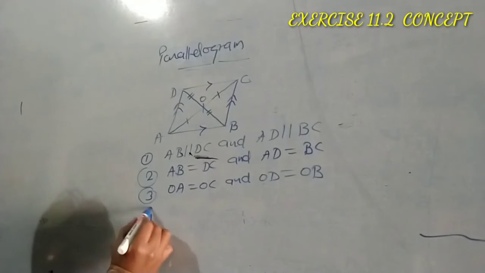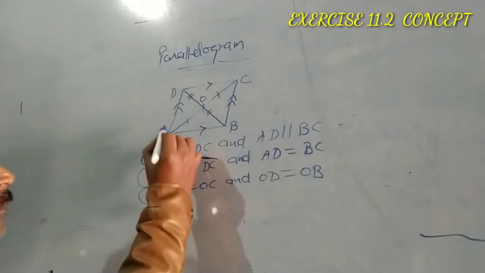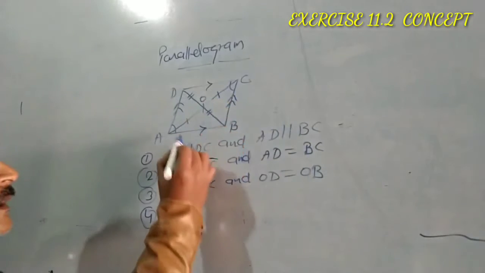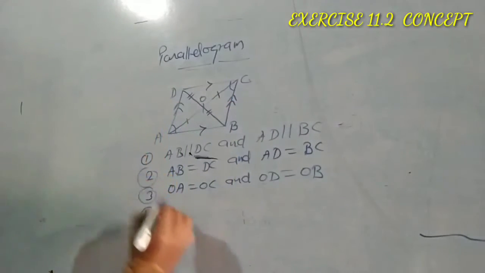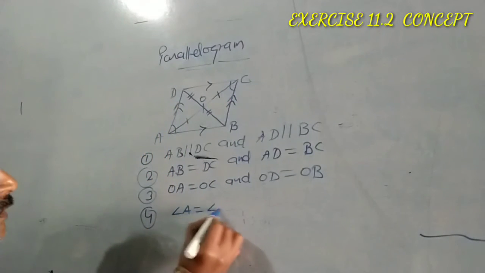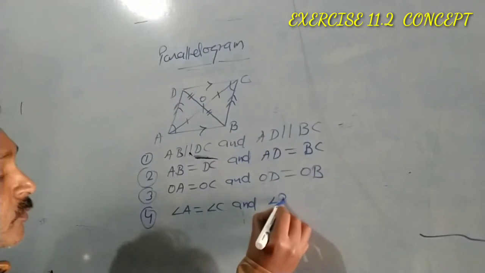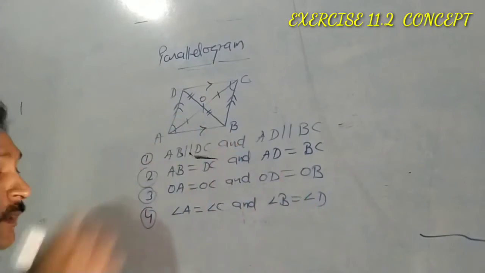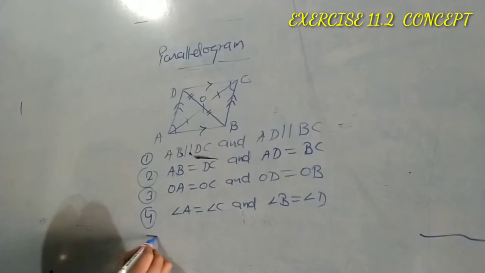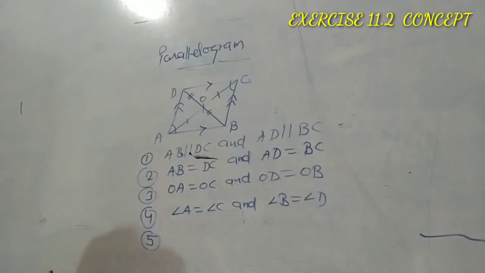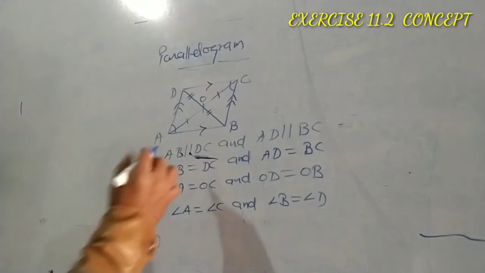One more point: opposite angles, angle A and angle C, are equal to each other. Angle B will be equal to angle D. One more property: the sum of co-interior angles is equal to 180 degrees.